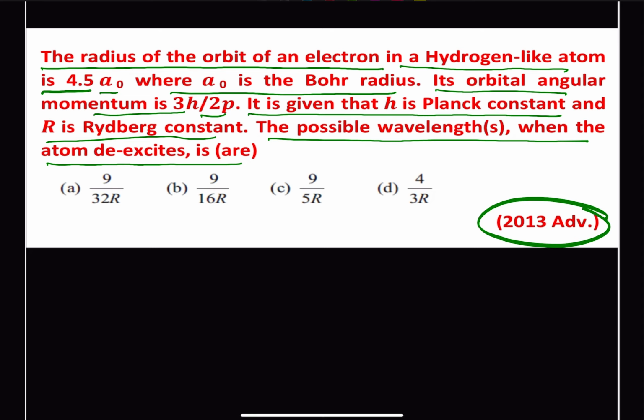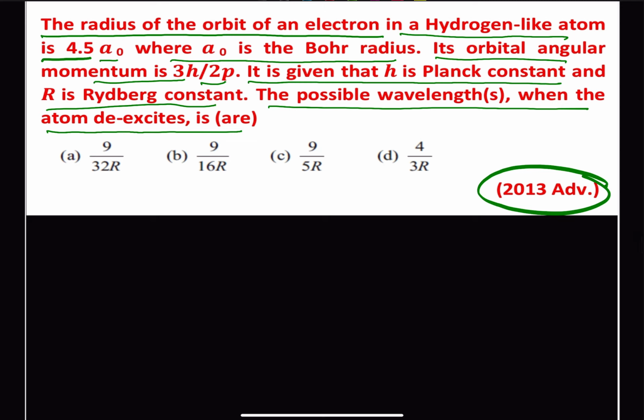So we are given that the radius of electron orbit is r equal to 4.5 times a0, and we are also given that, I think this equation is wrong. It should be 3 by 2 h divided by 2 pi.